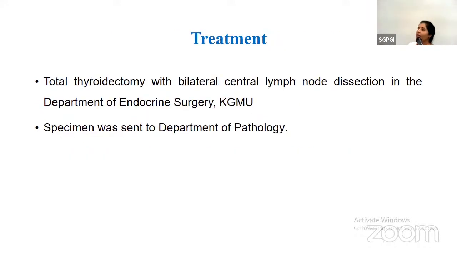So with these findings, she came to the Department of Endocrine Surgery, and based on the history and the FNAC finding, a total thyroidectomy was planned with bilateral central lymph node dissection. And the specimen was sent to our department in KGMU.